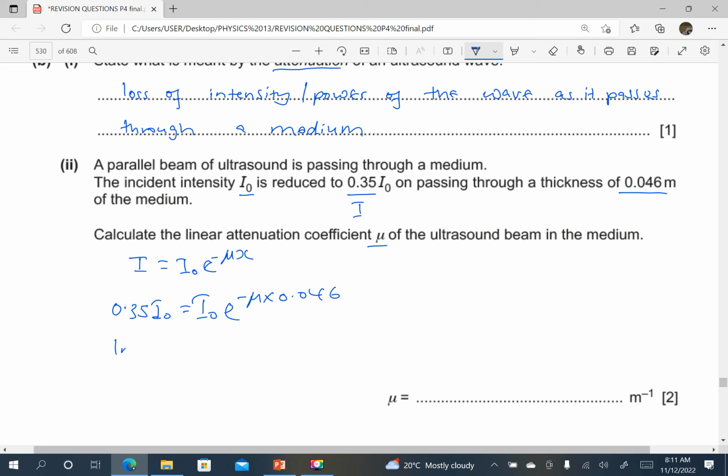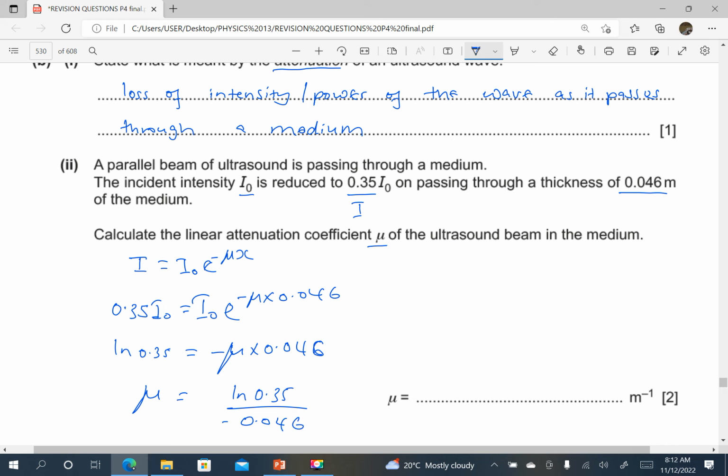So we shall have that ln of 0.35, which is negative. When I find ln of e, I only remain with the power. So this would be negative mu times 0.046. So I now find mu. You can now find mu, which is ln of 0.35 divided by negative 0.046.